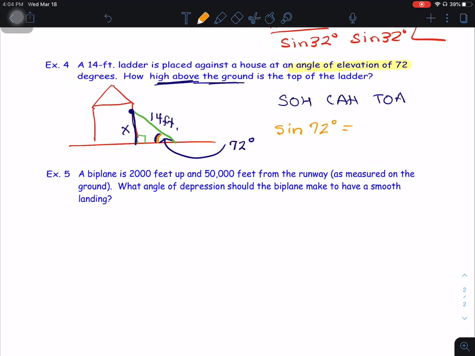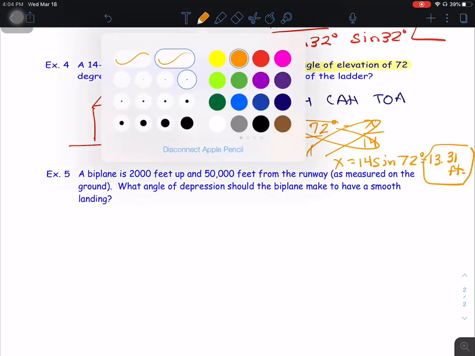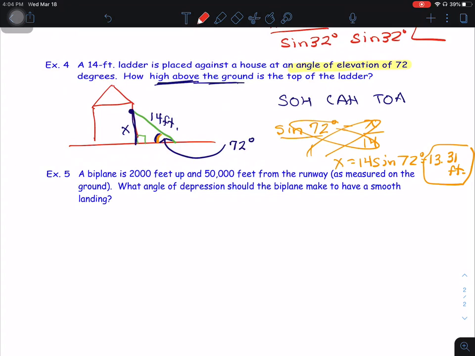And we would set that equal to opposite, which is x, over hypotenuse, which is 14. Again, with the cross multiplying, and then we would type this into the calculator, and we would roughly get that that ladder is reaching up at the house about 13.31 feet.